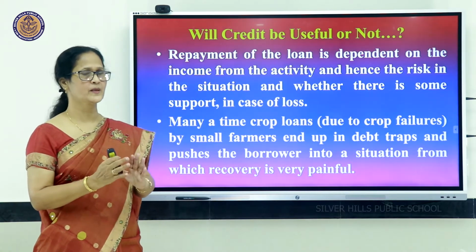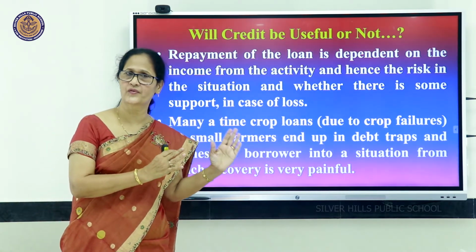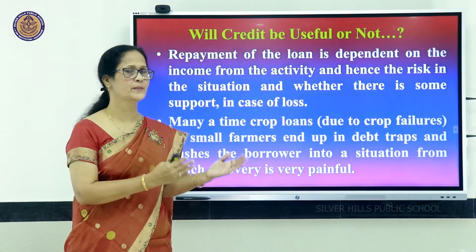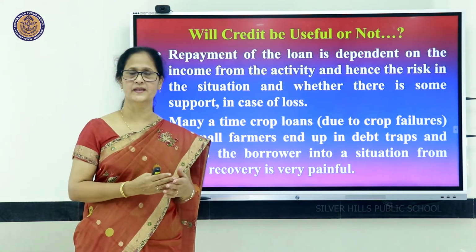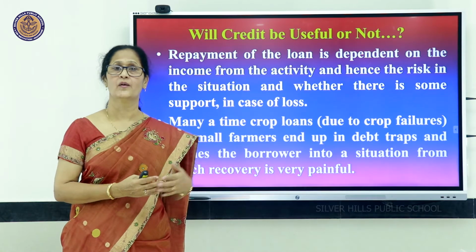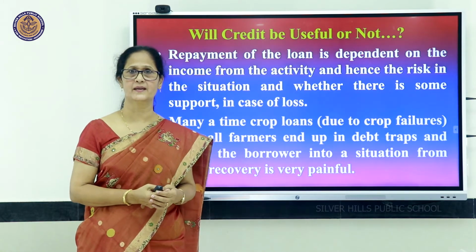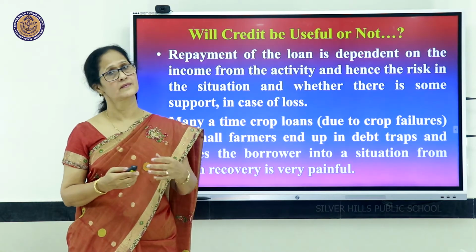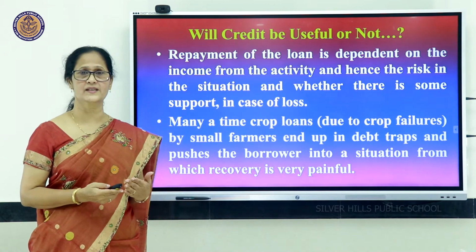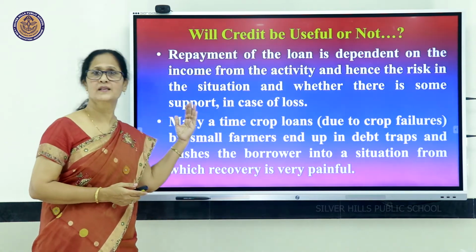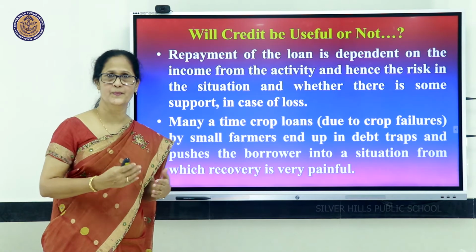Meaning, if that person has some other form of asset like a building or a property or a piece of land or some deposits with the bank, in case there is a loss in his activity, whether there will be a support so that he can repay the amount.